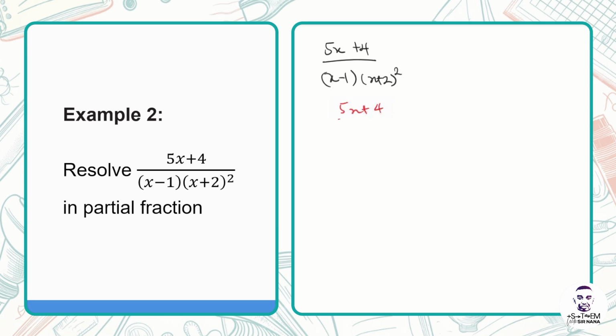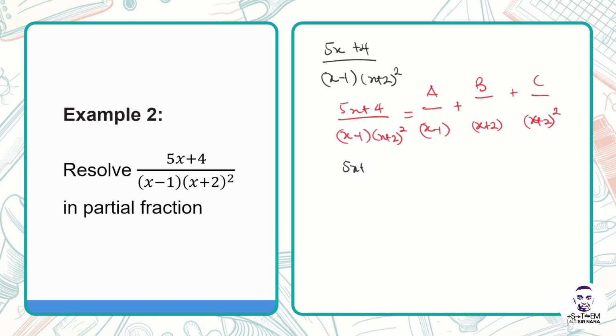In that case, we can write the expression (5x + 4) over (x - 1)(x + 2)² as A over the factor x - 1, plus B over the repeated factor x + 2, plus C over (x + 2)². So we write the left-hand side again, and on the right-hand side we find the LCM.